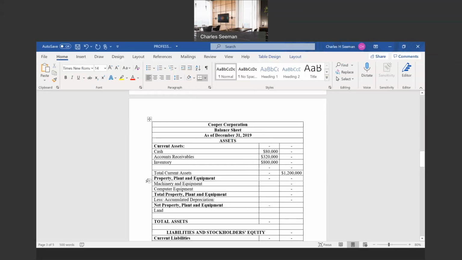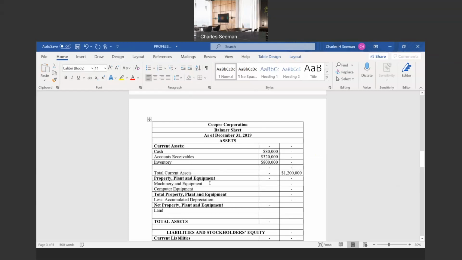The next area is property, plant, and equipment. It always goes second. Property, plant, and equipment could also be called machinery and equipment. Anything that pertains to fixed assets, assets that are going to have a life longer than 1 year. Remember, current assets really only have a life of 1 year. These assets have a life of longer than 1 year.